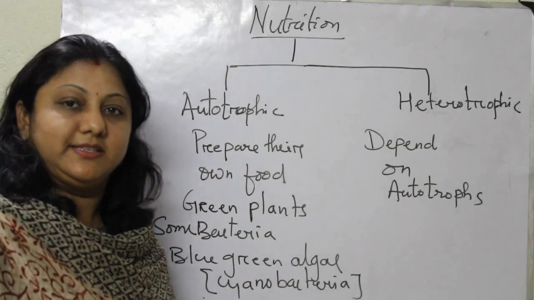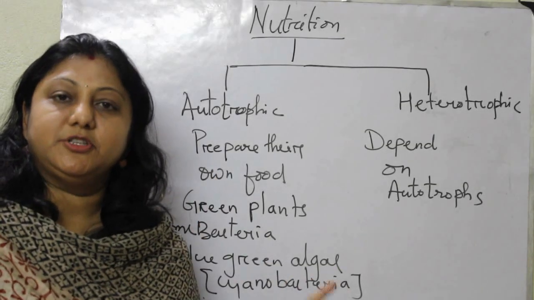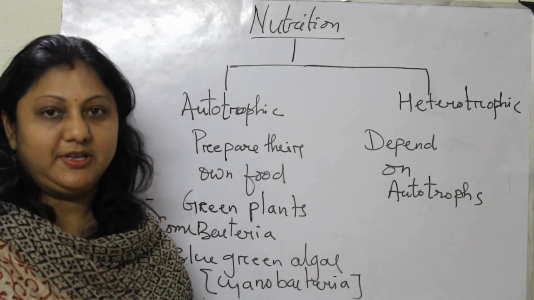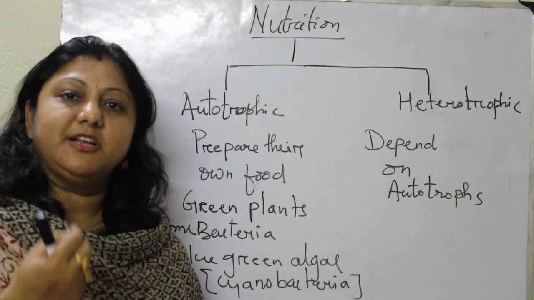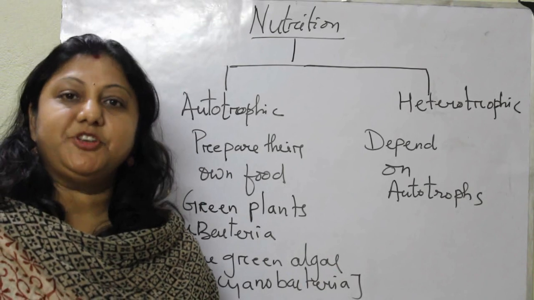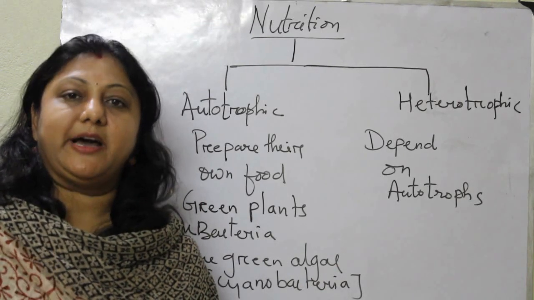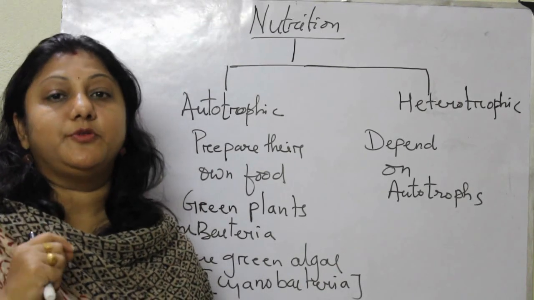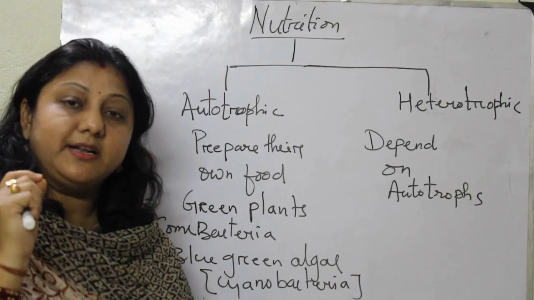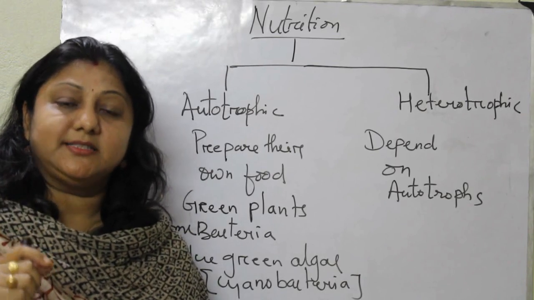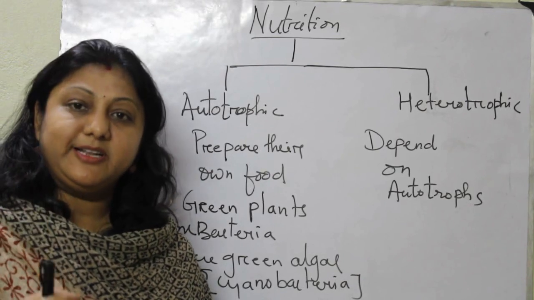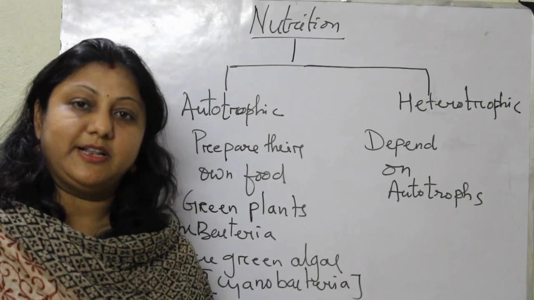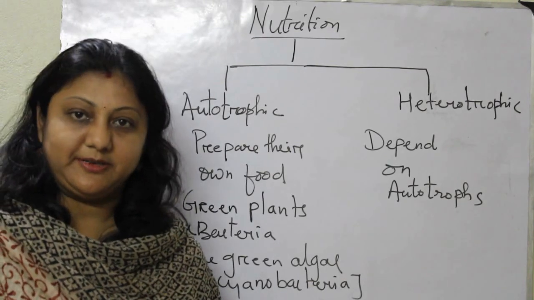These are the organisms which carry out autotrophic nutrition. They have a special pigment which enables them to prepare or synthesize their own food, and the particular pigment is known as chlorophyll. We will be discussing details of chlorophyll later in this chapter.